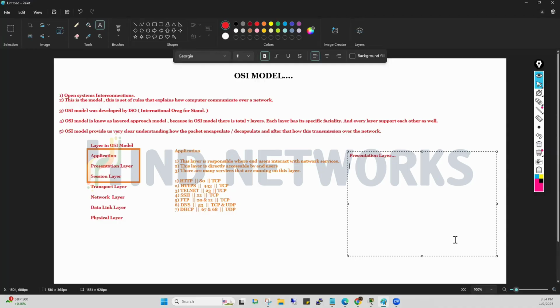I told you generally as network engineers, we are not using these three layers because these three layers are called the software layers. The name is presentation. When you read this word, you will understand half of the thing. Presentation means just present the thing.